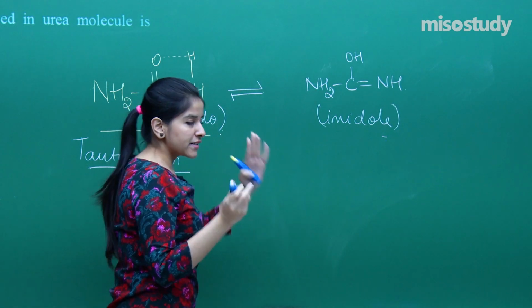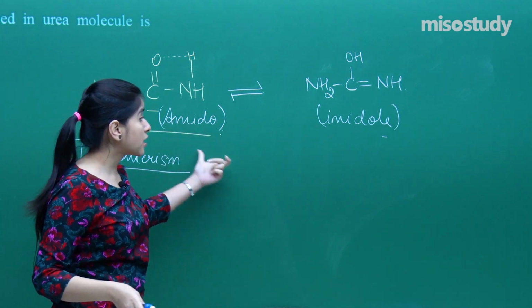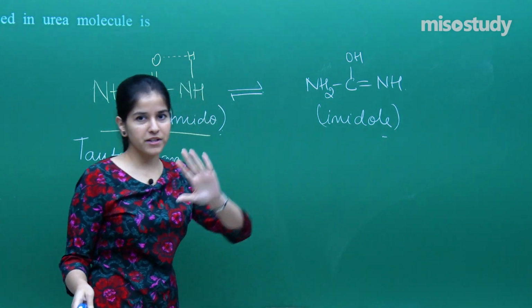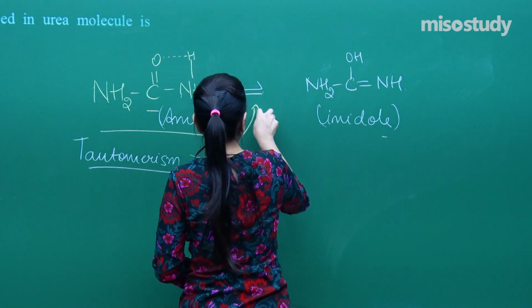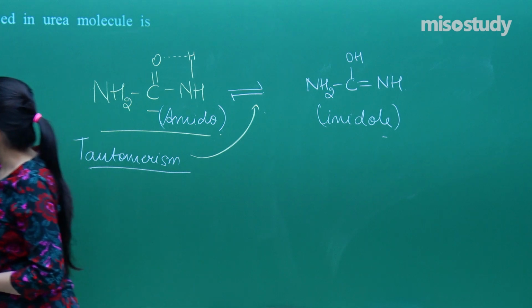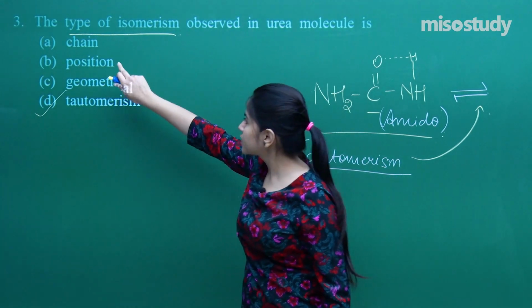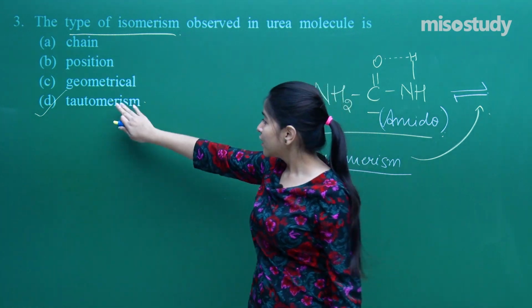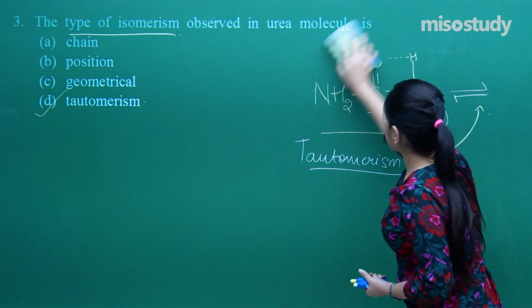Amido and imidol. Instead of keto-enol, in the case of urea, I name it as amido and imidol. I hope everybody has got it. This is nothing but tautomerism. And finally, we have got the answer, that is D over here, not chain, not position, not geometrical, but tautomerism. So let's move on to the next one.